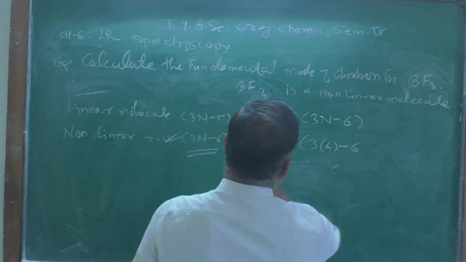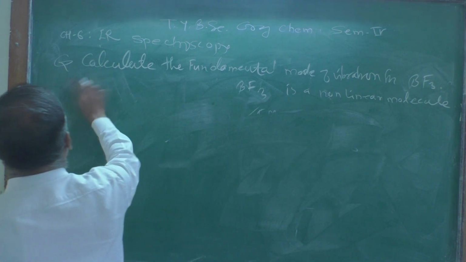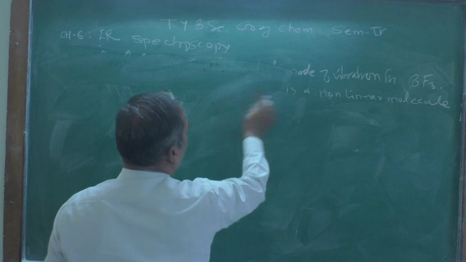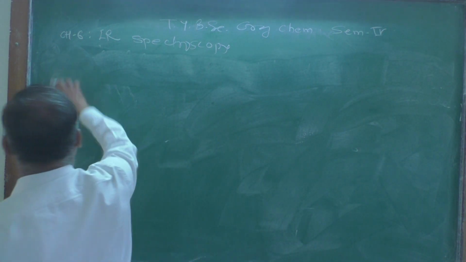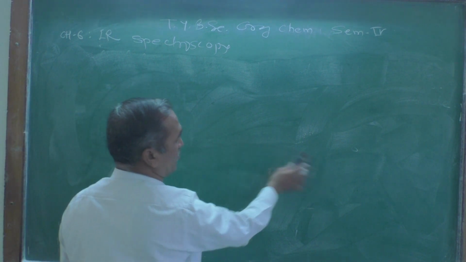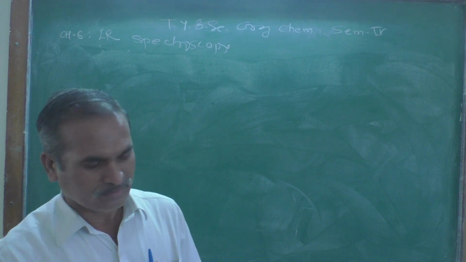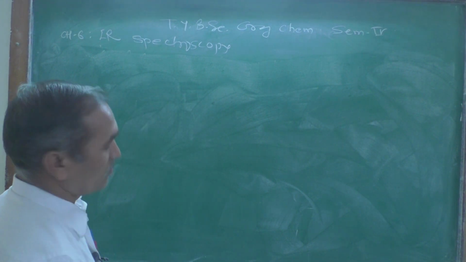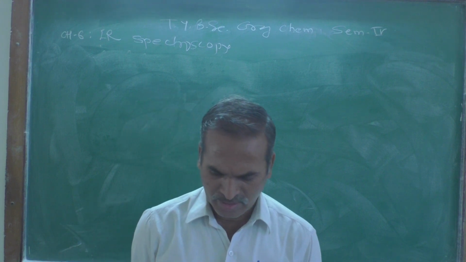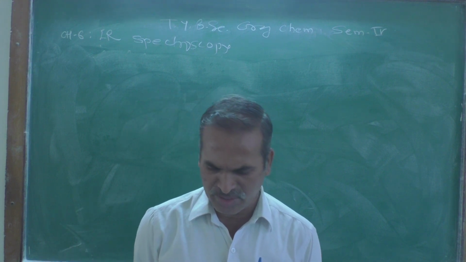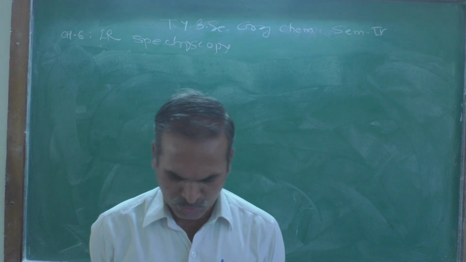Now one more question generally asked is how to calculate the fundamental modes of vibration, which we already covered here. The next question may be, how will you distinguish the following pairs by IR spectroscopy?